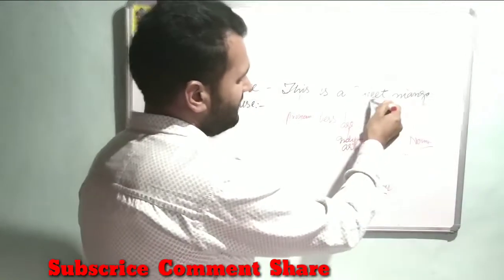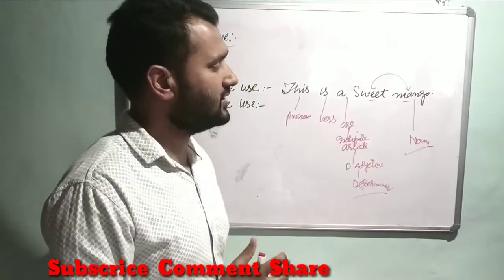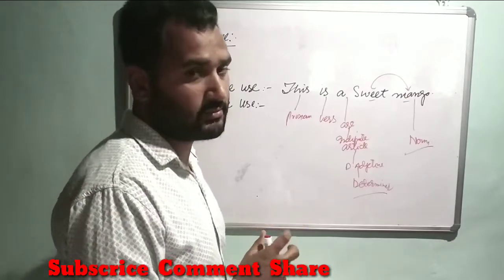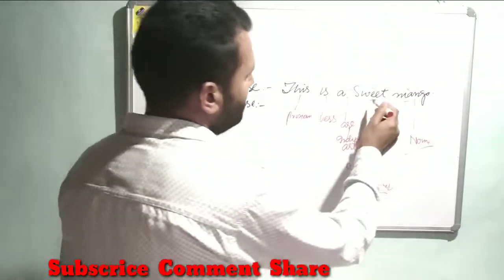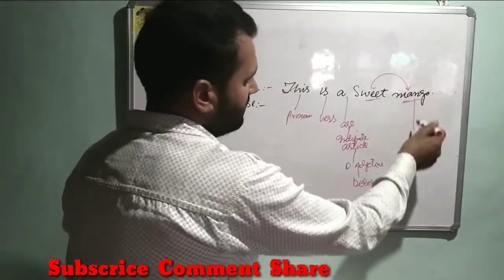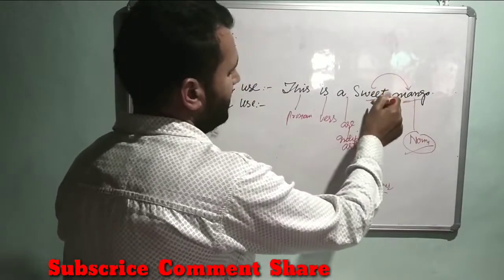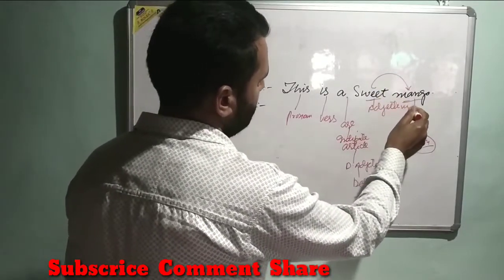But when this word is linked with this word, a sensical idea is being generated by the combination of these two words. So it means that this word is having connectivity with this word. Since this word is noun, so this will be adjective. This is the first thing.